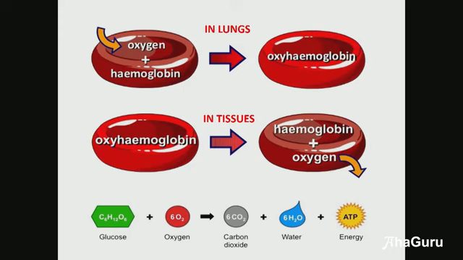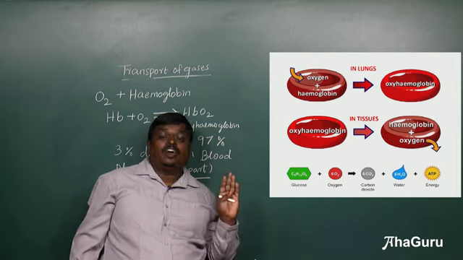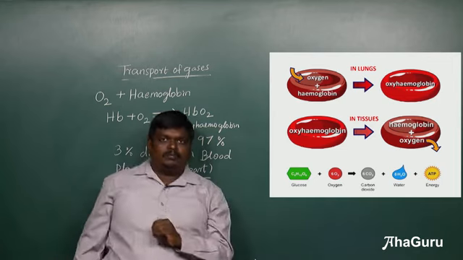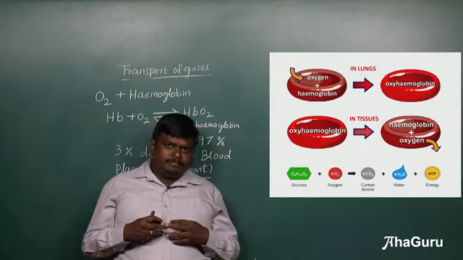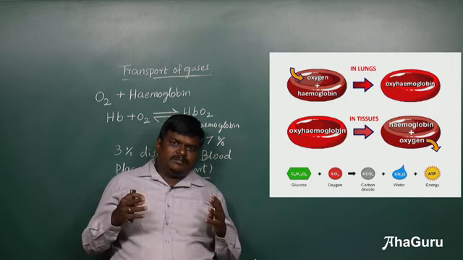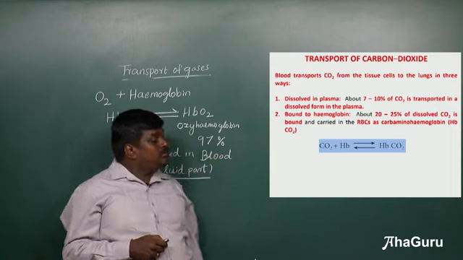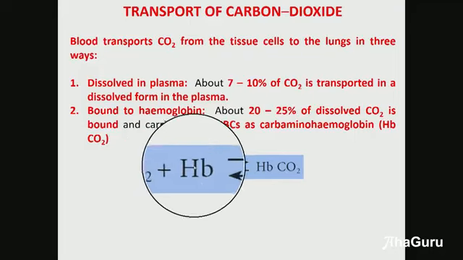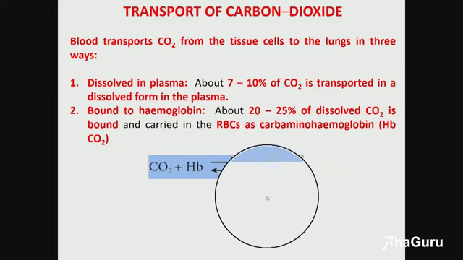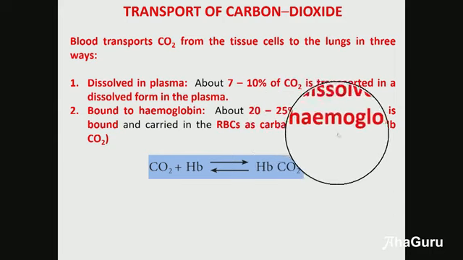So the uptake of oxygen occurs in the tissues, where oxygen is carried throughout our body in the form of oxyhemoglobin. Tissues take up the oxygen and the hemoglobin is returned back. That hemoglobin combines with the carbon dioxide and forms HbCO2, which is called carbaminohemoglobin.